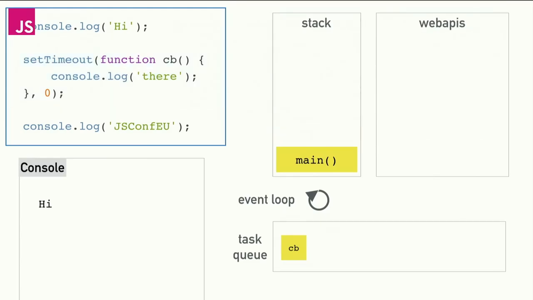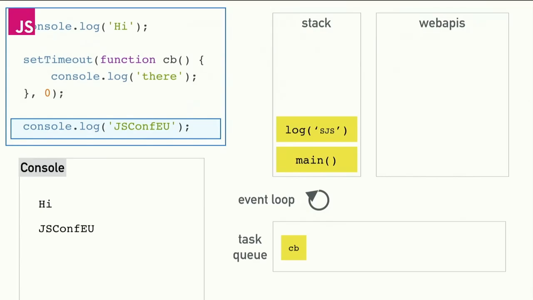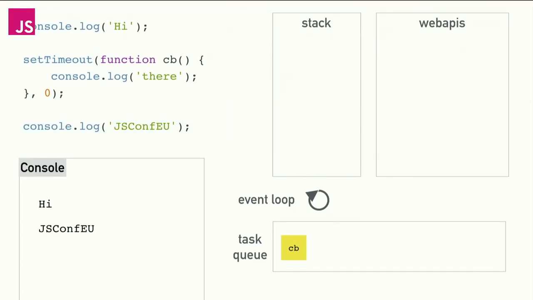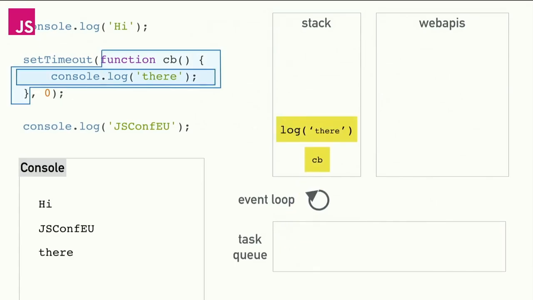So your main file is going to continue to run, console.log JS-conf.eu, and clear. Now that we're clear, the event loop can kick in and run your callback. So that's an example of setTimeout 0 deferring the execution of code, for whatever reason, to the end of the stack, or until the stack is clear.